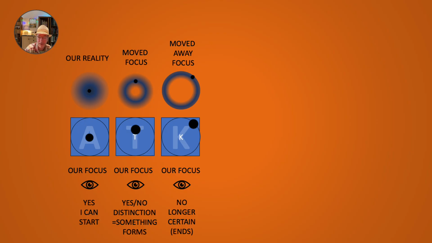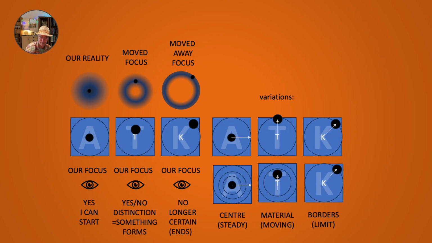So you can see certain ends, certain limits, and you're no longer certain: is it still there? Do we still have it, or is it disappearing? It's going away to the borders. Those are also associations that you get automatically. So I already gave you some educational values, how we come to qualities that are related with just the focus.